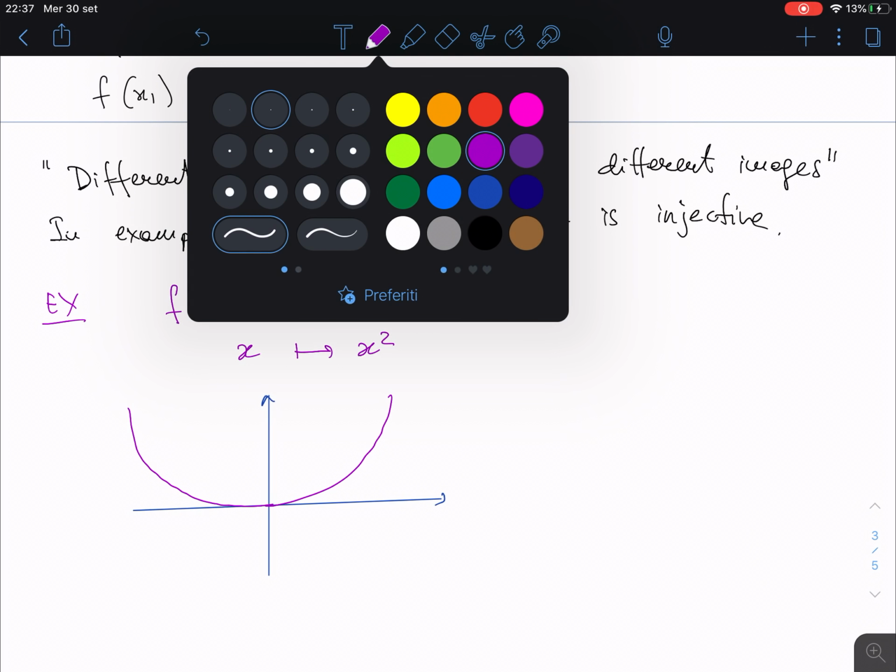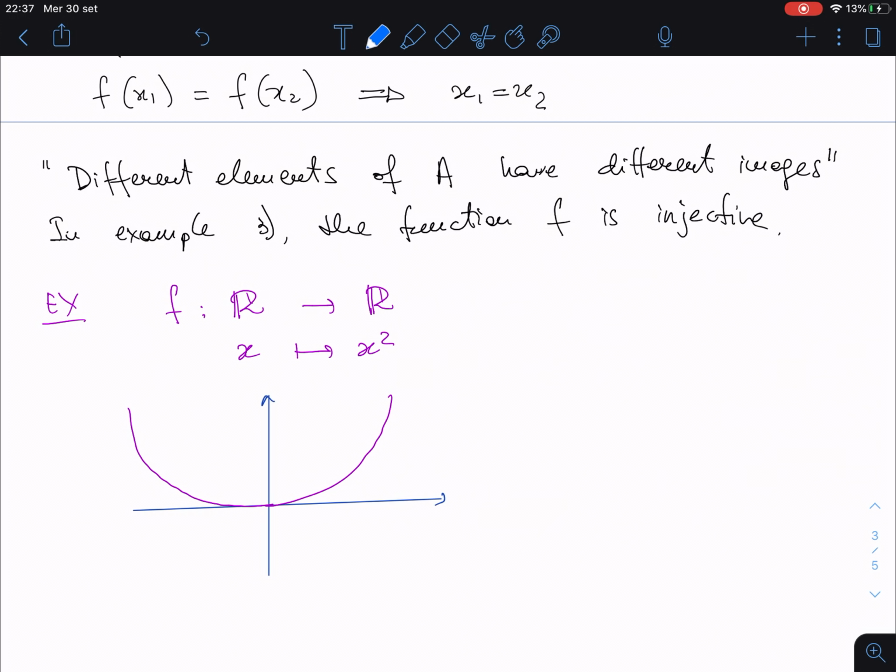In order to be injective, it must be that every element in the range, which is made of non-negative numbers, so range f is equal to the set of all x larger than or equal to 0, has only one point that is mapped there. But here we have 2. Here we have this x1 here, and here we have another point that will be minus x1.